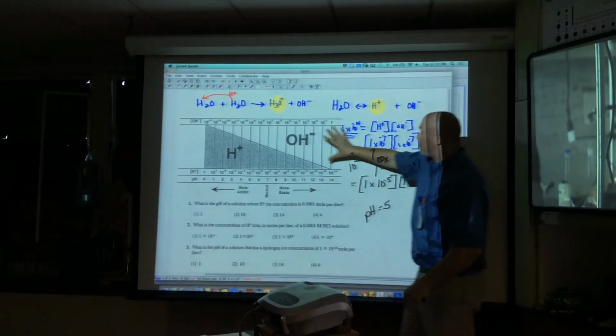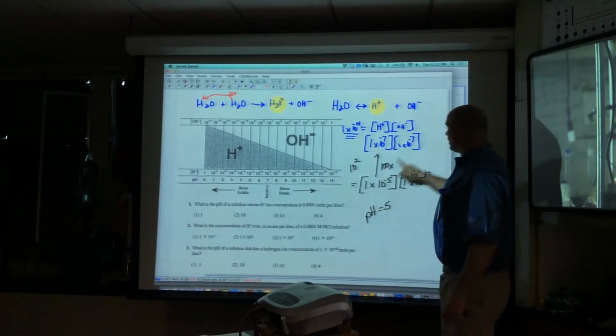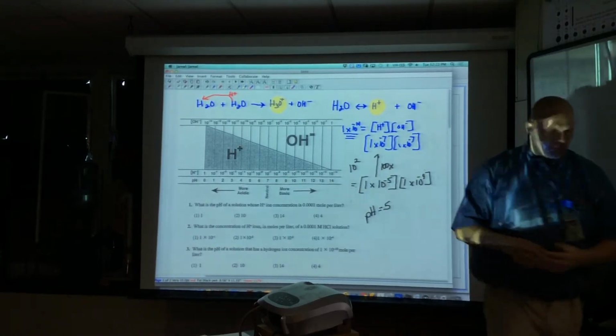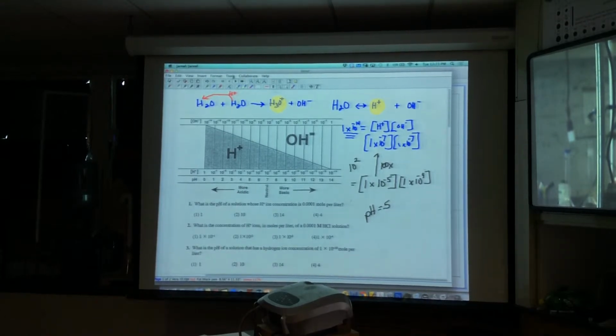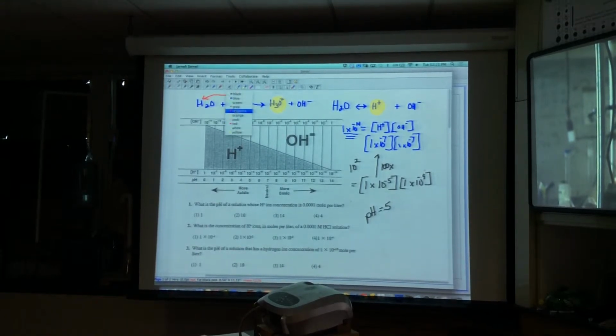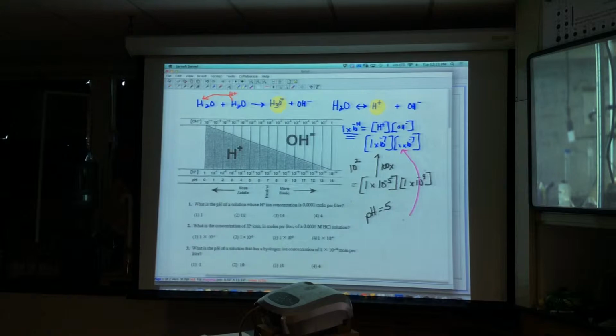Now, in a basic pH, you got more hydroxide, and that's bigger than 7. Remember, if I made this number equal to 1 times 10, let's increase the basicity now. Let's be crazy and change the ink to magenta. Now, if I increase this number, let's say 1,000 times, so increase the basicity 1,000 times, it's 1 times 10 to the what?